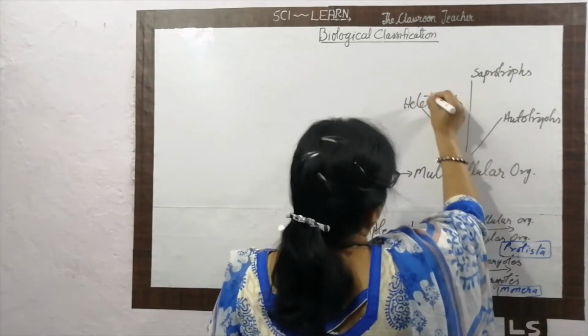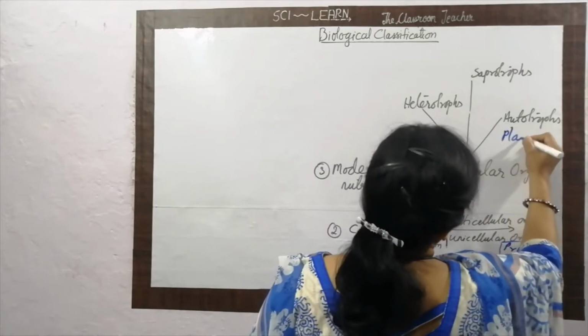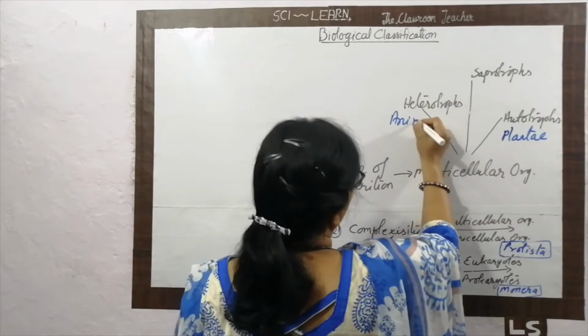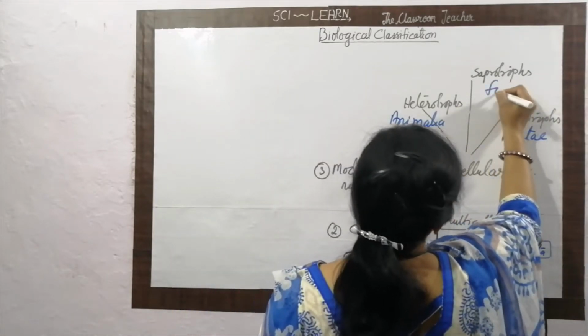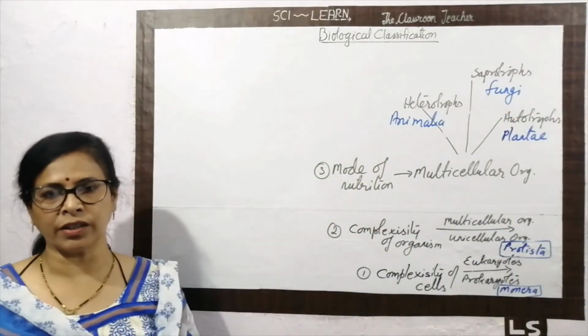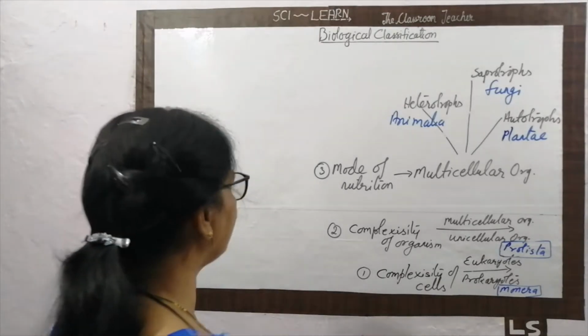When we call the autotrophs, it means they are plantae. When we call heterotroph, it means they are the animalia. And when we call the saprotroph, then it is the fungi. These are the criteria of the 5 kingdom classification proposed by Whittaker.